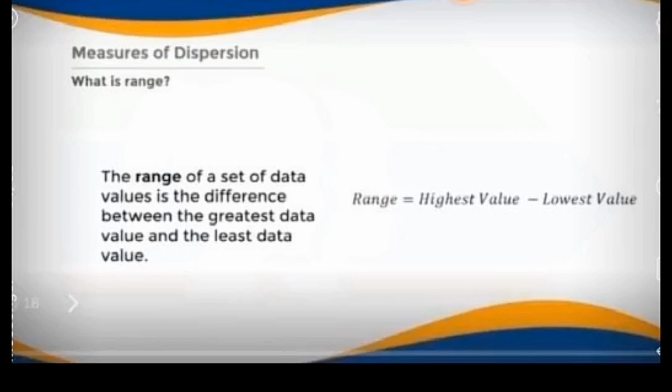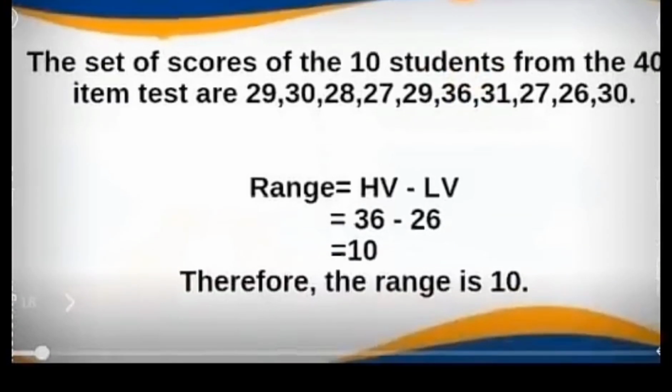least data value. In the given, we have the set of scores of 10 students from a 40-item test: 29, 30, 28, 27, 29, 36, 31, 27, 26, and 30. These are the given scores of the 10 students.